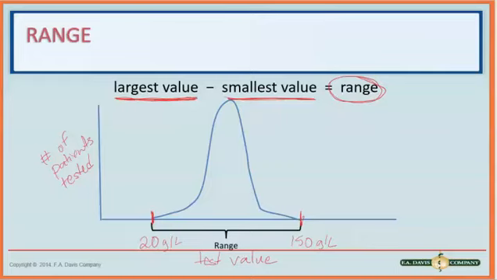In order to figure out the whole range, you would take the 150 and subtract the 20 to get your range. So your range would be 130. All your test samples for your patients should fall within that range of 130.